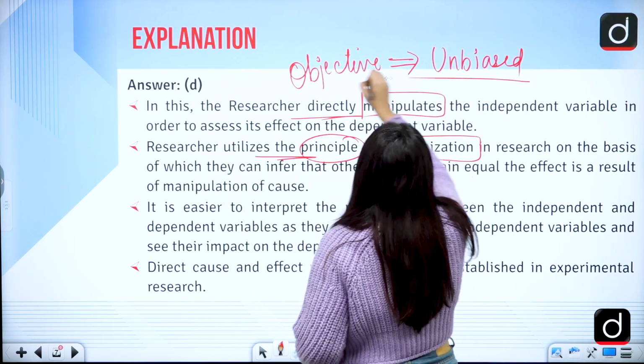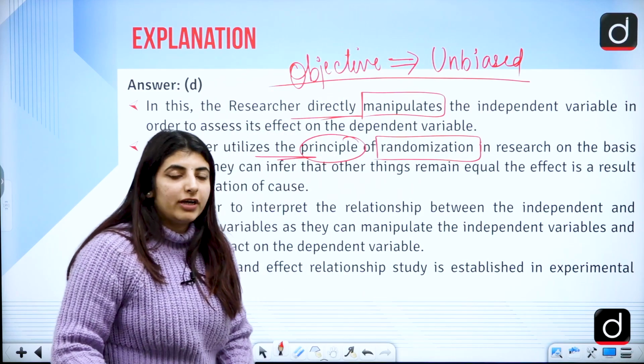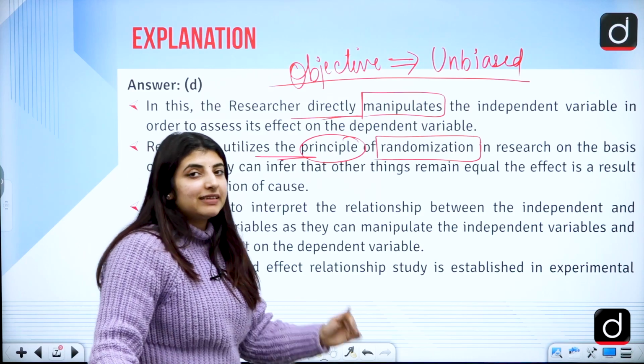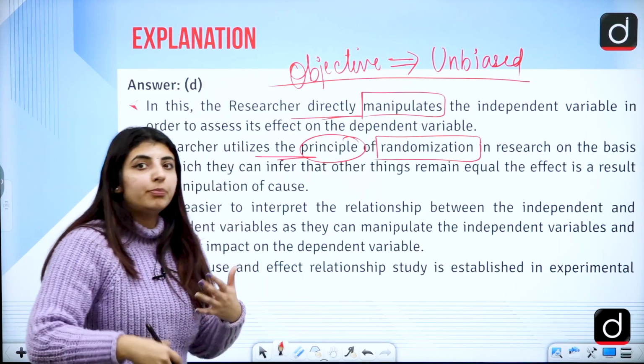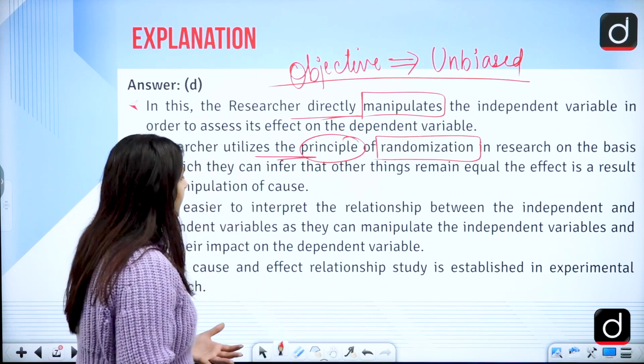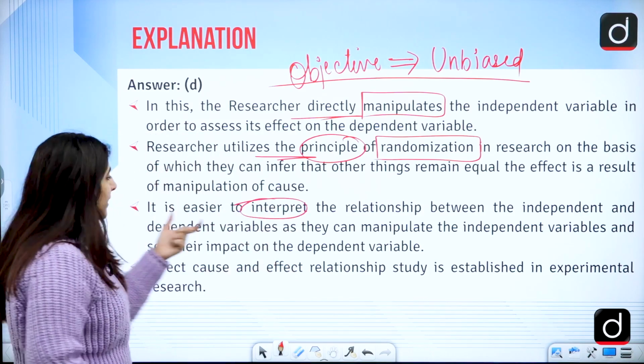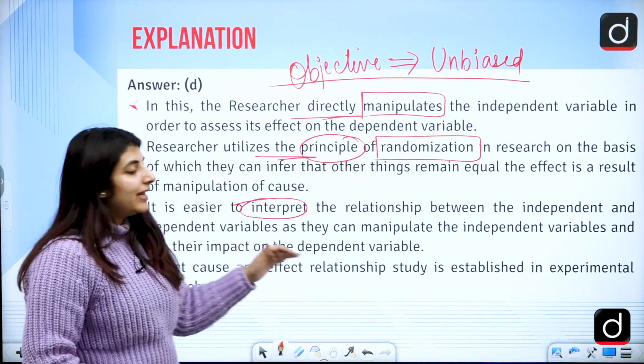And how can that be done? If the variables are controlled, if he is not manipulating, if he is not changing certain things according to his own views, beliefs, etc. It is easier to interpret the relationship between independent and dependent variable, as they can manipulate the independent variable.